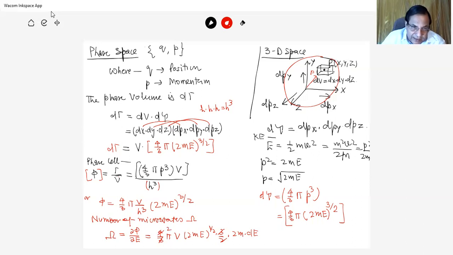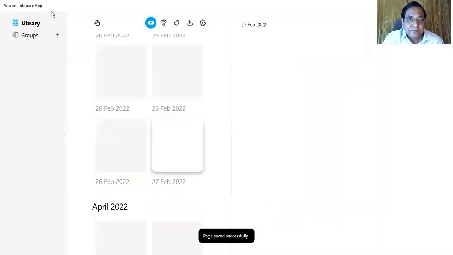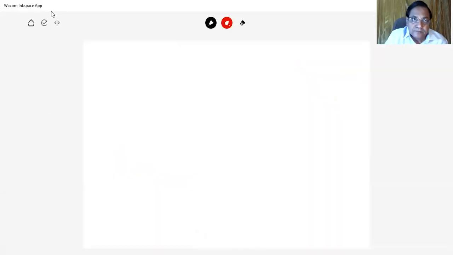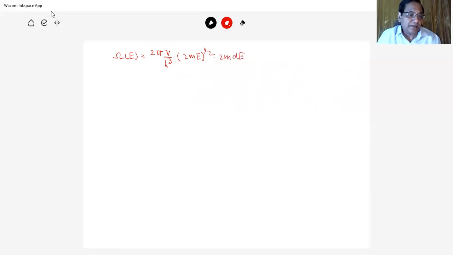So this value is 2π V by h cube (2mE)^(3/2), 1/2 into 2m dE, this part.